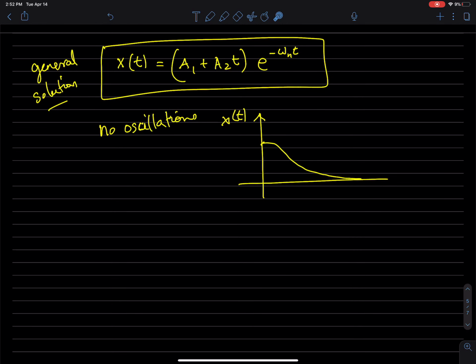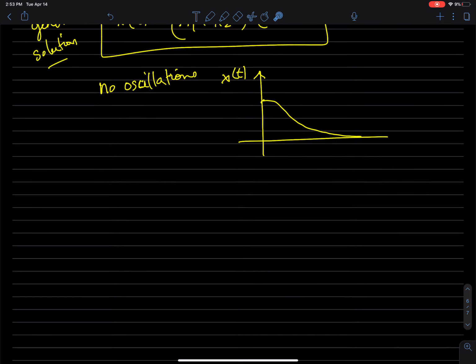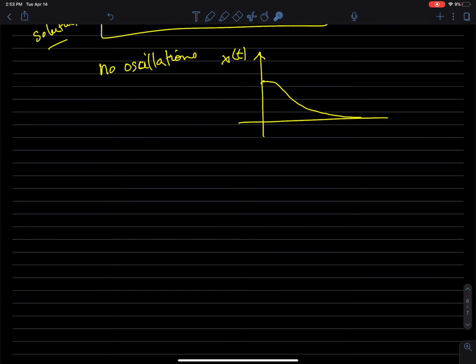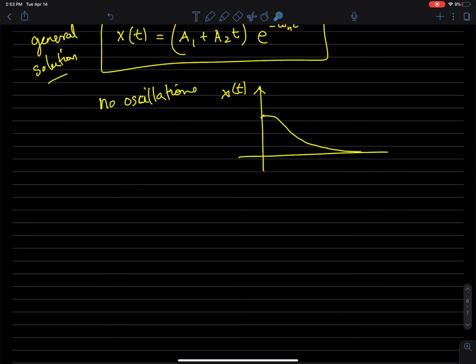So this quantity, of course, increases linearly with time, but because this quantity decreases exponentially with time, this wins out, so that there is still effectively an exponential decay of the solution. Slightly slower than exponential decay, ever so slightly.